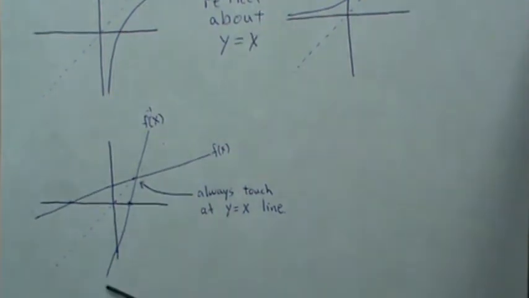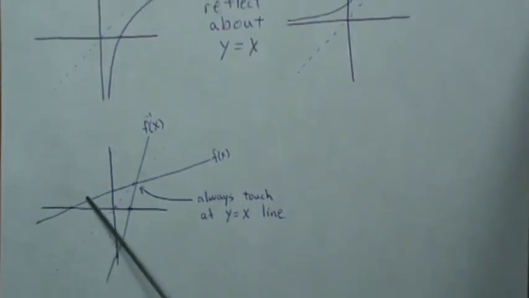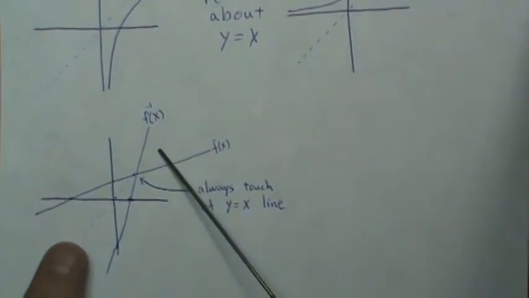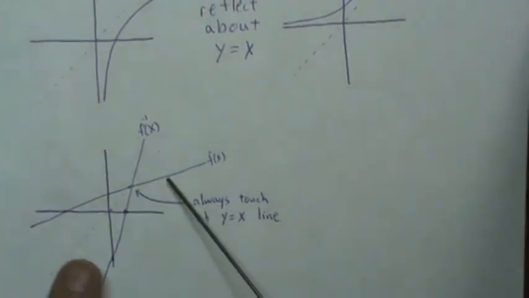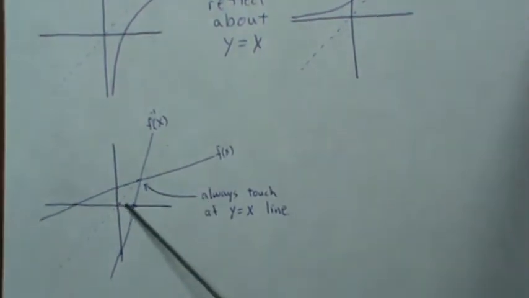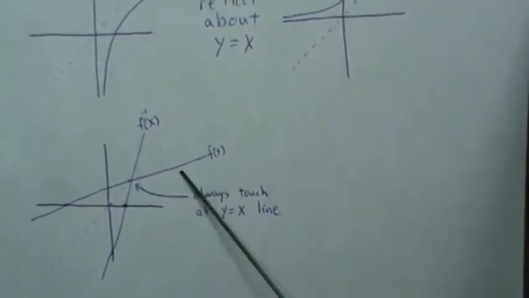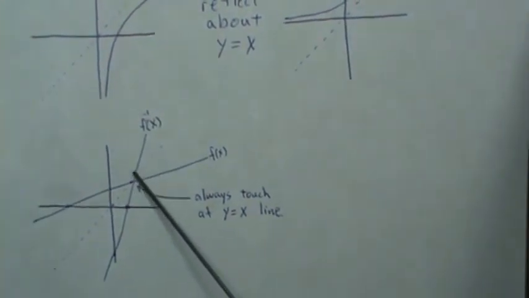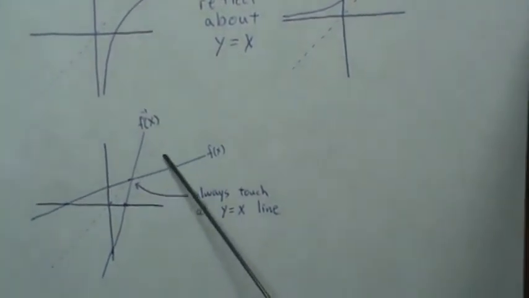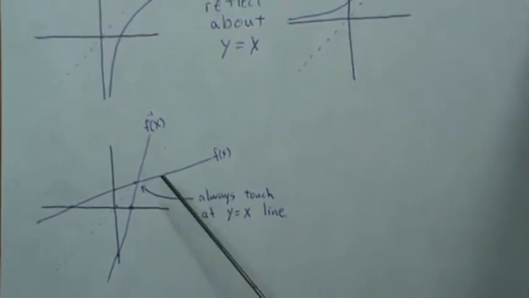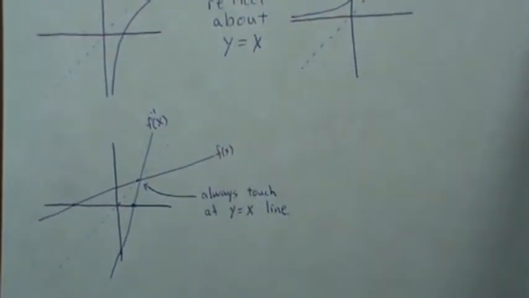So here is f of x. Now when we rotate this f about y equals x, it's mapped to this, and that's the inverse. So this line is the inverse of this line. And note that if the two graphs touch, it's always on the y equals x line.